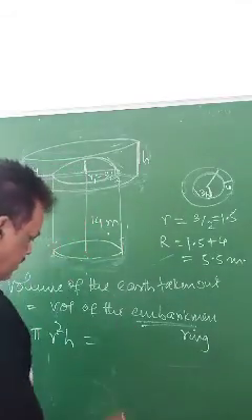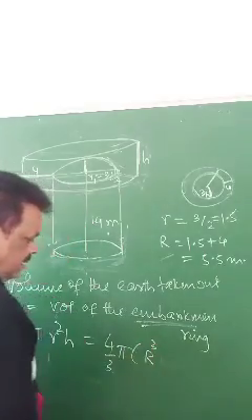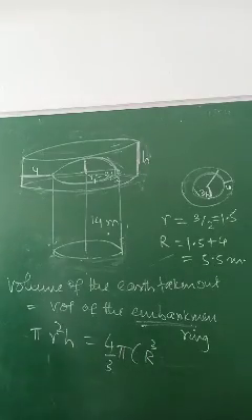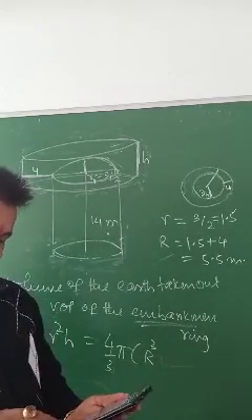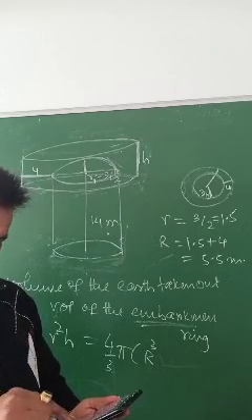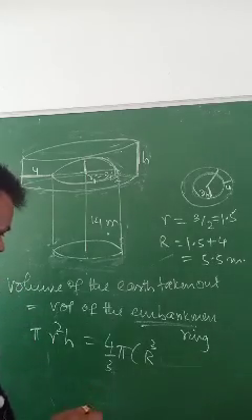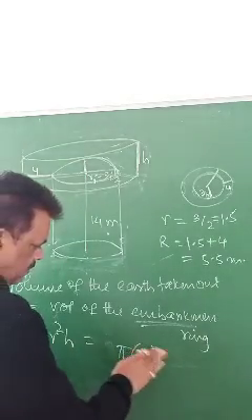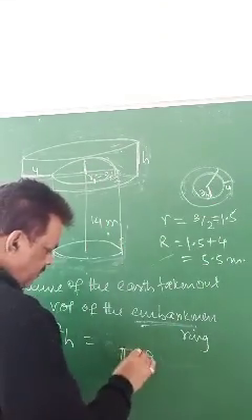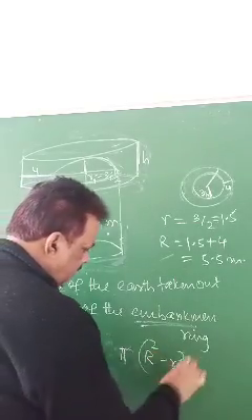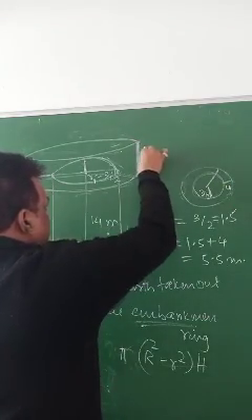What is volume of ring? This is ring now. Ring is pi R square minus r square into height. Height means this height has come off. This is capital H.